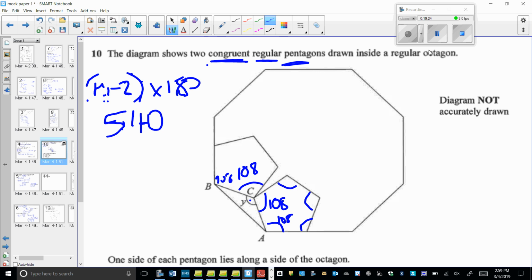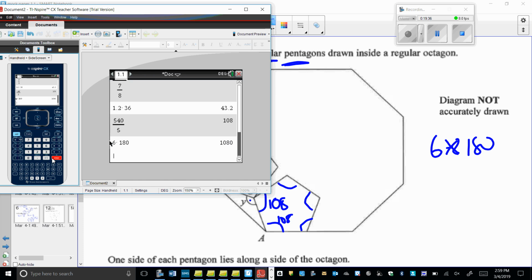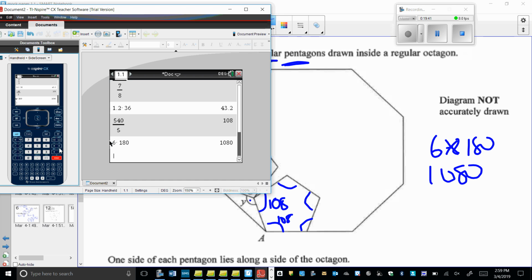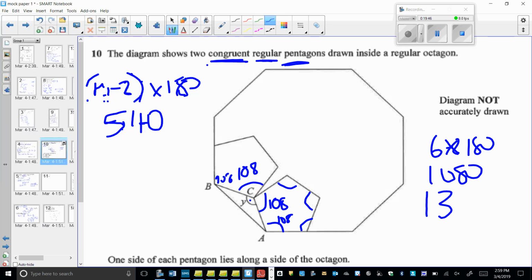Okay, that's actually the one I want. Got a regular octagon, so that would be 8 minus 2 times 180. So that's 1080, and there's 8 of those, so we'll divide that by 8. So each of the octagon angles is 135. Let me do this in a different colour, which means that this total angle is 135.